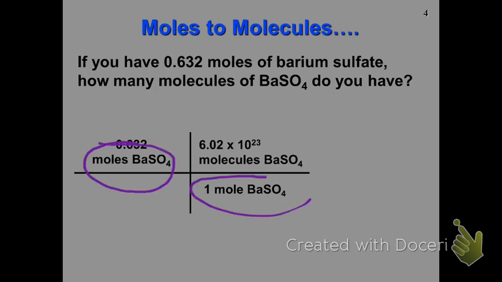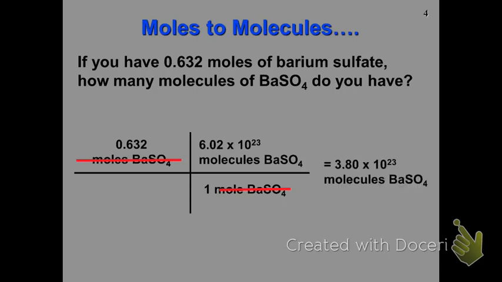We put moles of BaSO4 down here, and again those will cancel, and what's left behind is molecules of BaSO4. Okay. So you see the moles cancel, and we have 0.632 times 6.02 times 10 to the 23rd, and that will equal 3.80 times 10 to the 23rd molecules of BaSO4 when you punch that into your calculator.